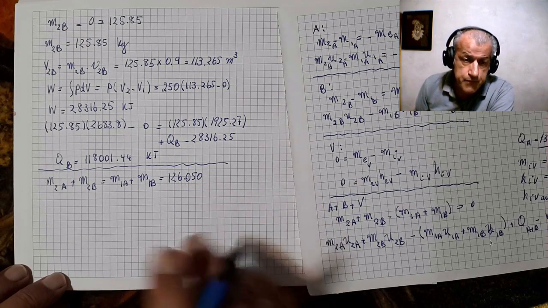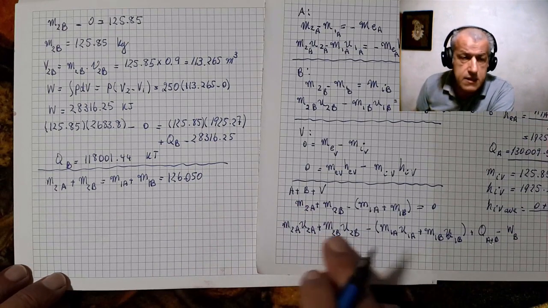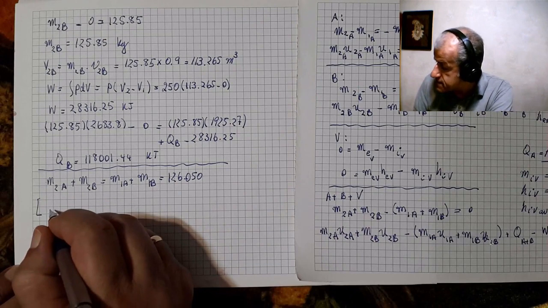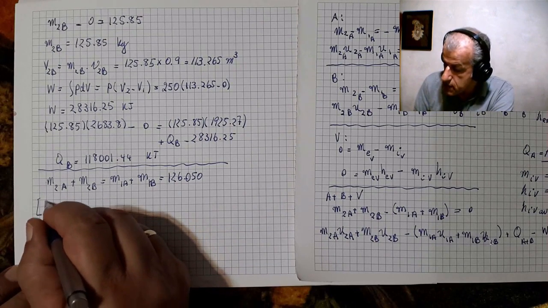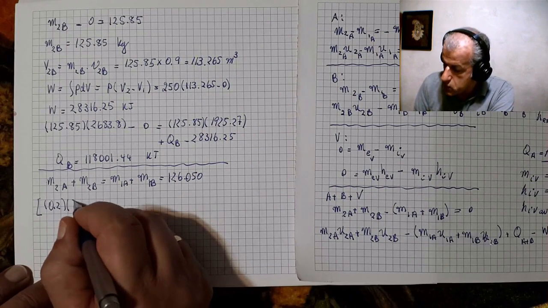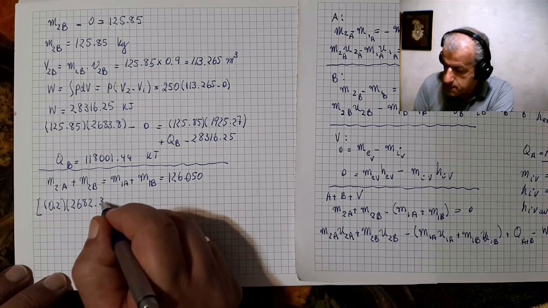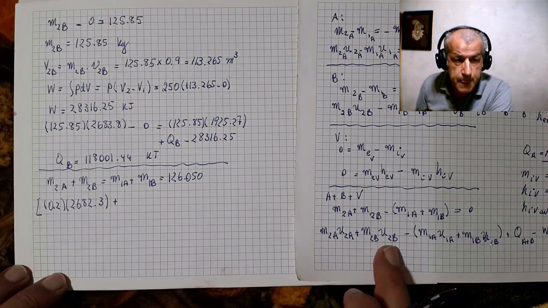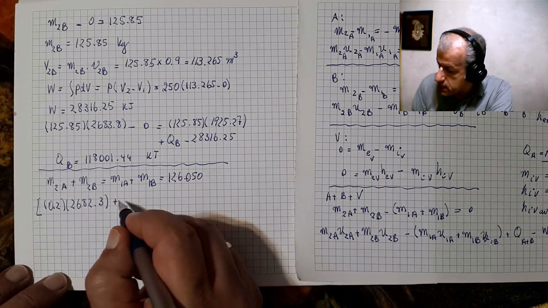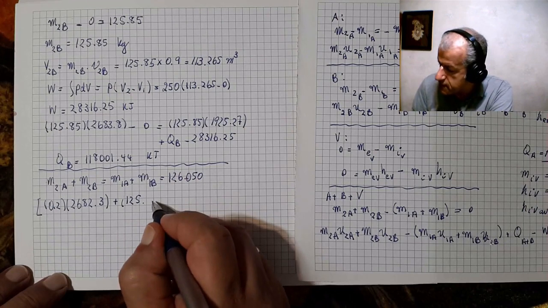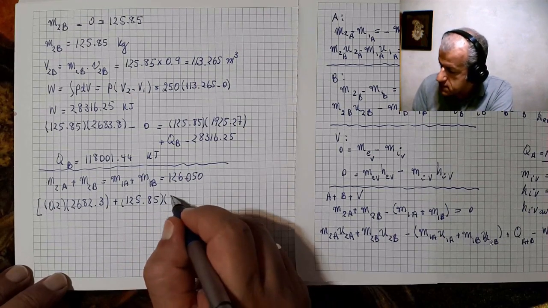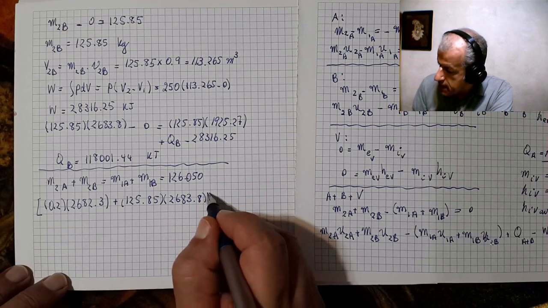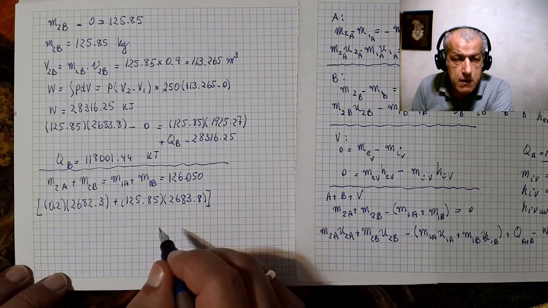Now, the first law, as you see in this equation, we may put numbers to it, and this is M2A U2A, which is 0.2 times 2682.3 plus M2B U2B, which is 125.85 times 2683.8, and these are the final values.